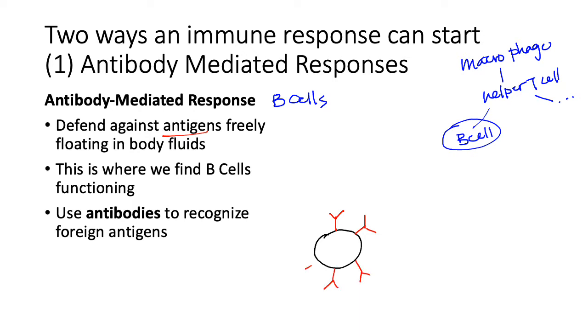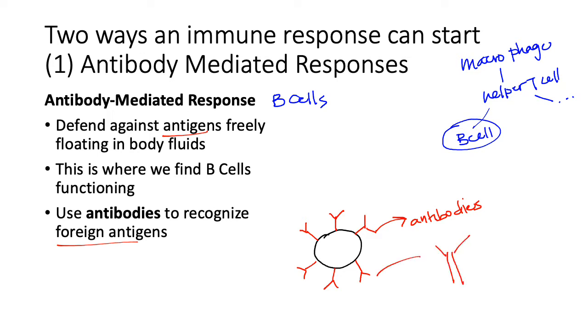The actual name of those receptors, to add a little more detail, is antibodies. And it's the antibodies that are responsible for recognizing foreign antigens. And there are lots of different antibodies. In general, an antibody is a Y-shaped protein.